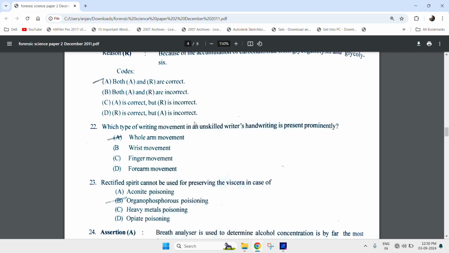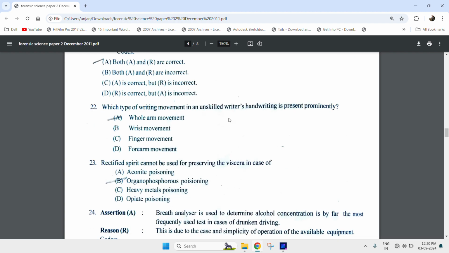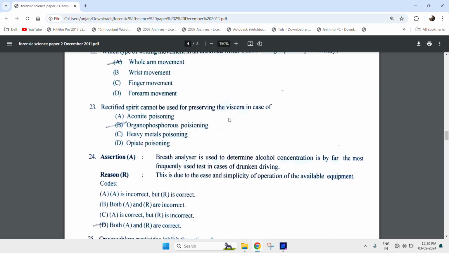Which type of writing movement is of an unskilled writer? Whole arm movement. Rectified spirit cannot be used for preserving the viscera in case of organophosphorus poisoning.